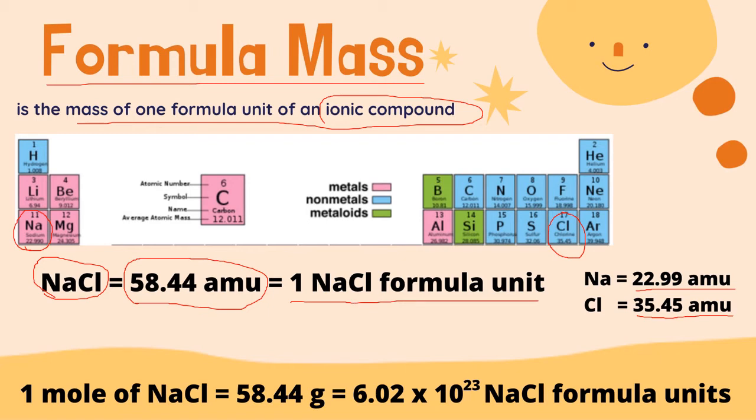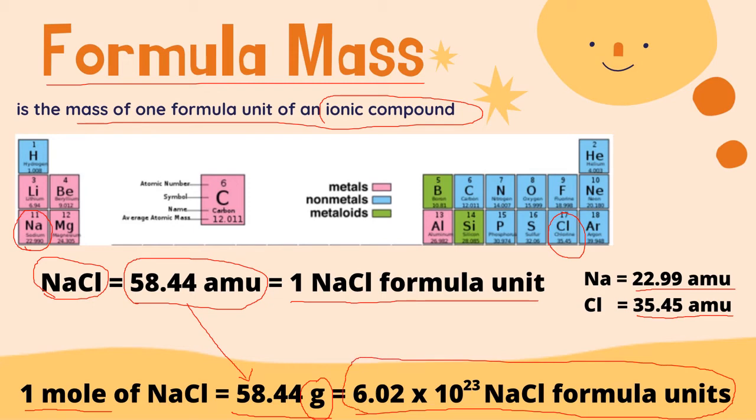Now, if we want to get the molar mass, all you have to do is use the figure 58.44 and use the unit grams to express the molar mass. So this 58.44 grams is the mass of 1 mole of NaCl, and that is equivalent to 6.02 times 10 to the 23 NaCl formula units.